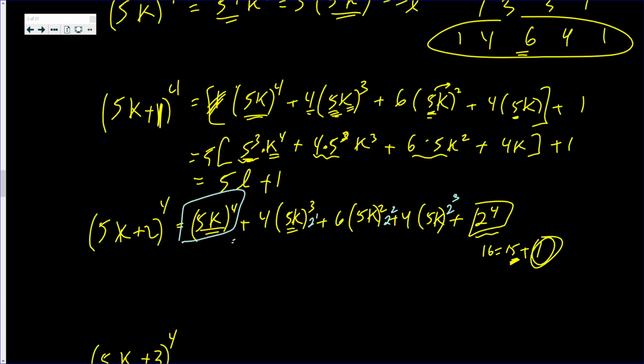Either way, they all have a 5. Except the last term. It may or may not have a 5. In our case, it didn't. It wasn't a multiple of 5.